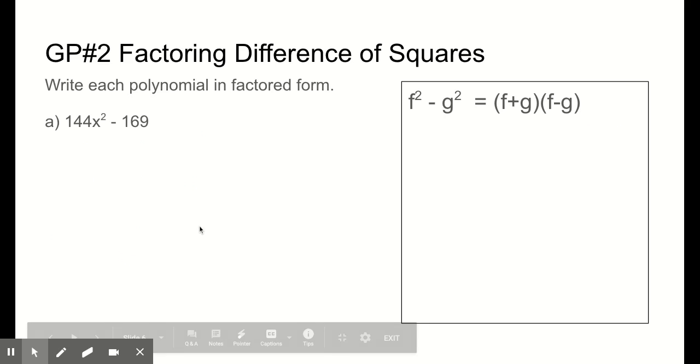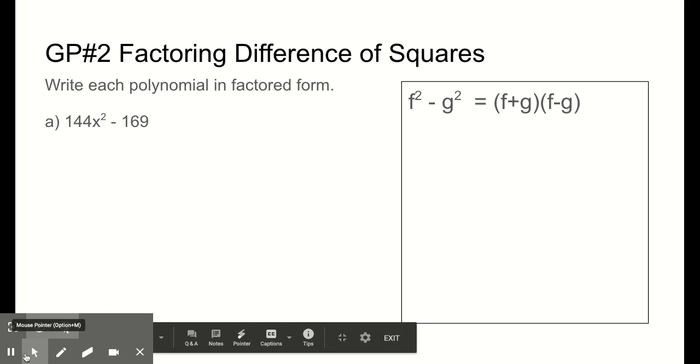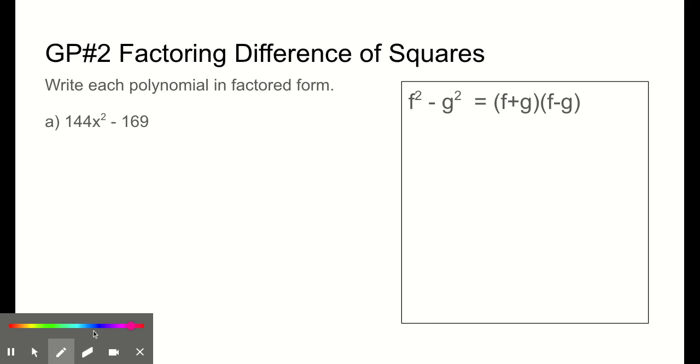Next, we have the difference of squares pattern. For the difference of squares pattern, again, there are a couple of things you have to check to make sure that it does in fact fit that pattern. So first, notice that there are only 2 terms. And second, you check to see that there is a minus sign in between them because, again, remember, this is the difference of squares.